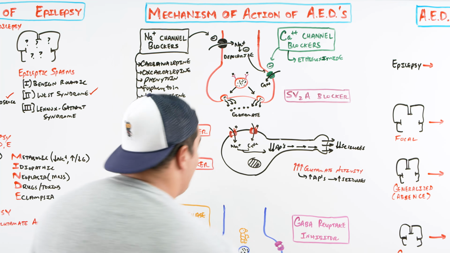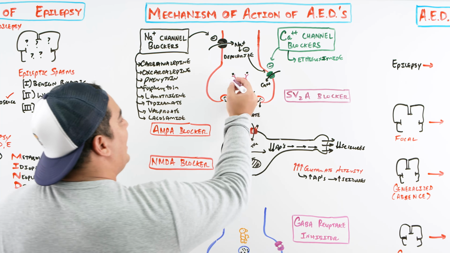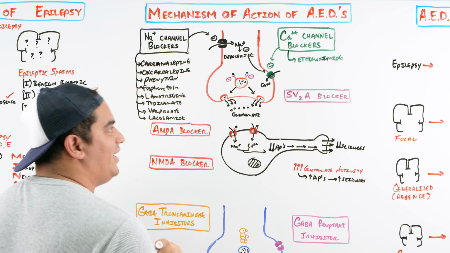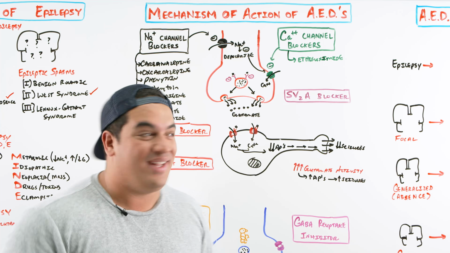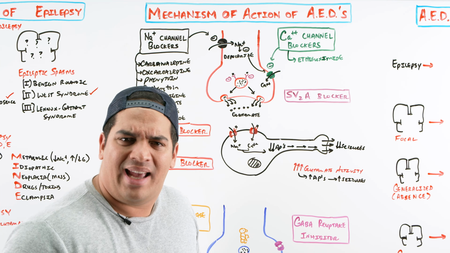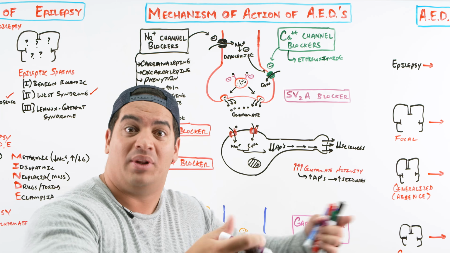The next one is what if I block the third point, which is I inhibit the fusion, right? I inhibit these little SV2A proteins, synaptic vesicle proteins that are supposed to fuse with the cell membrane. When they get bound by calcium, they're supposed to fuse with the cell membrane and then release glutamate.